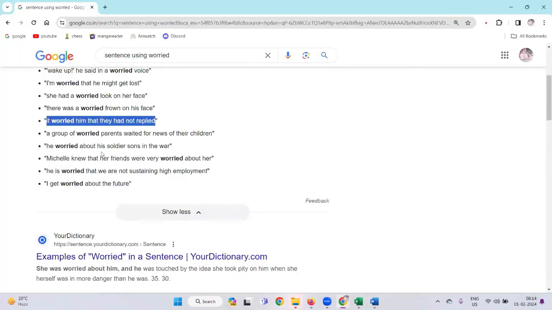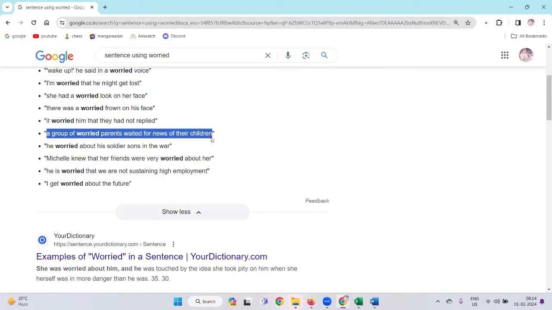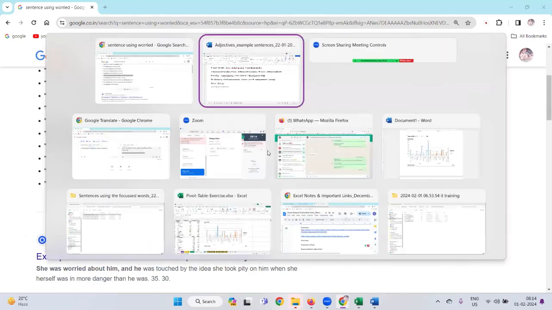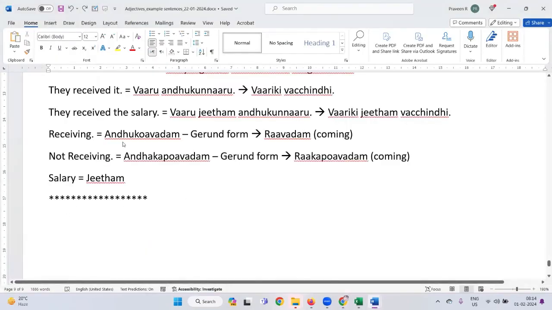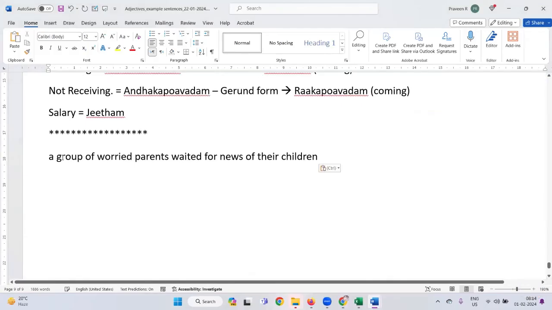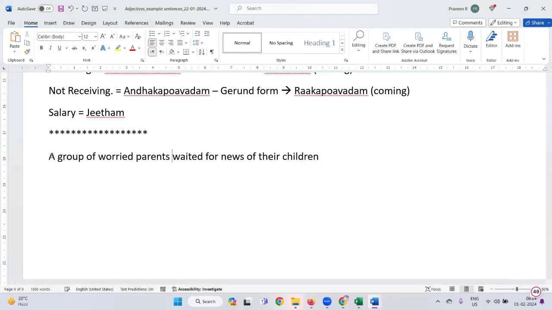The next one: a group of worried parents waited for news of their children. This is also a lengthy sentence, but let's make it simple, not complicated. Sometimes Google makes it complicated.